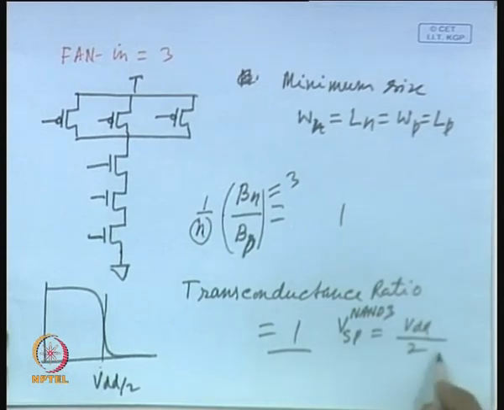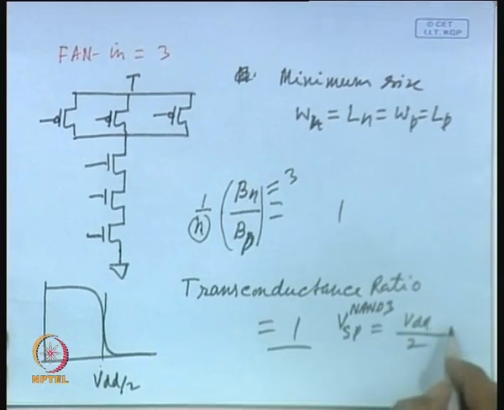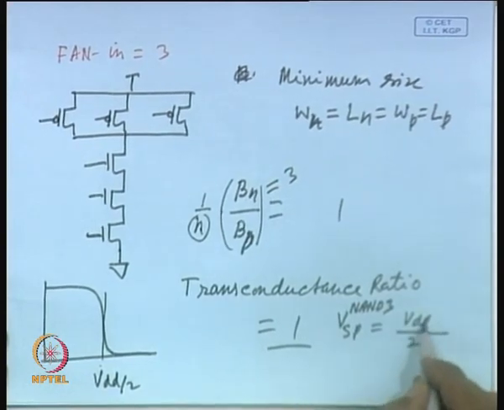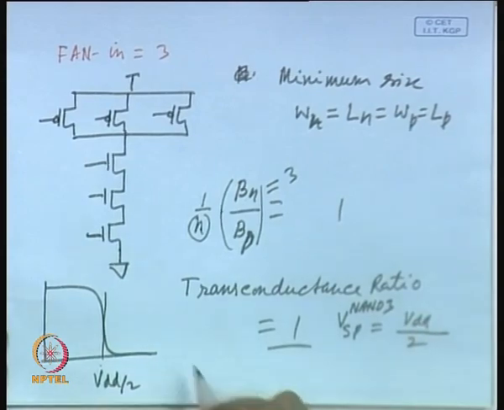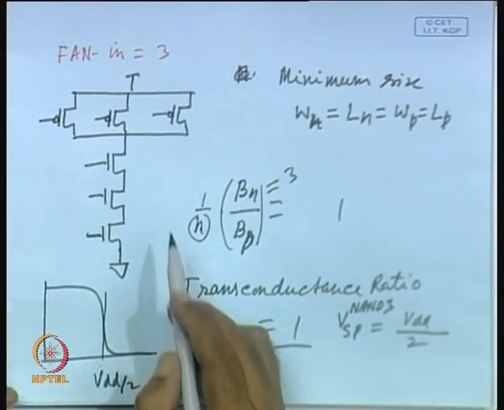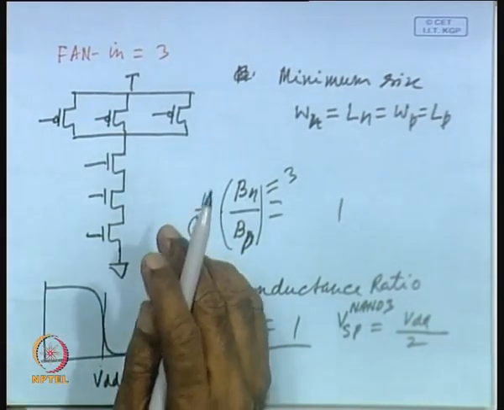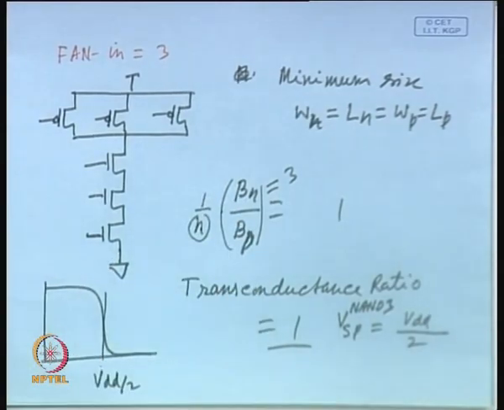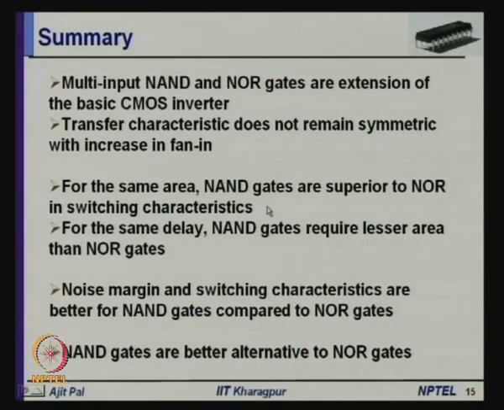The reason is that the denominator will become 1 plus 1, and in the numerator the Tp and Tn will cancel, leaving VDD. So, it will be VDD by 2. We find that for this particular case it is becoming perfectly symmetric, but that will not be the situation for a NOR gate, and that is the reason why our conclusion is that for the same area, NAND gates are superior to NOR gates in switching characteristics.